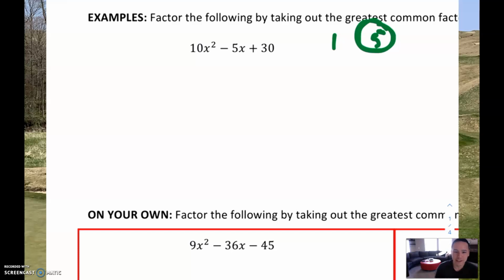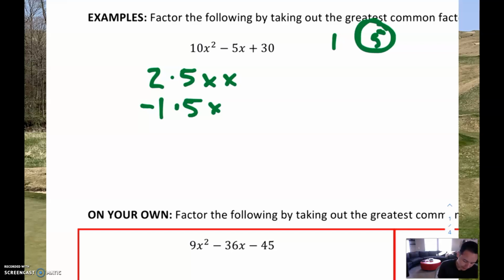So now I'm going to rewrite each of these with a 5 in there. That 10x squared, I can rewrite as 2 times 5 x squared. That negative 5, careful on this one, this is like a negative 1 times 5 with an x.